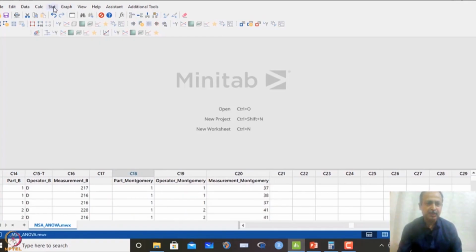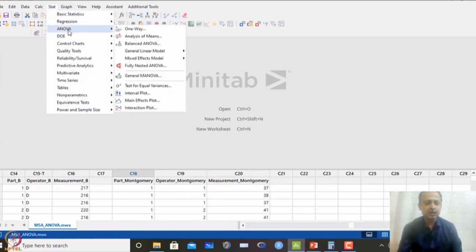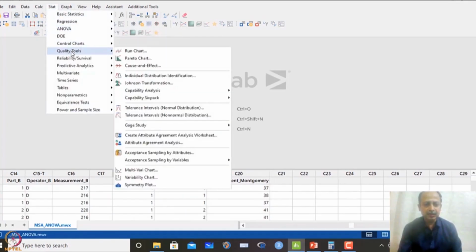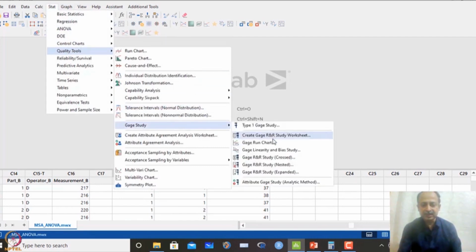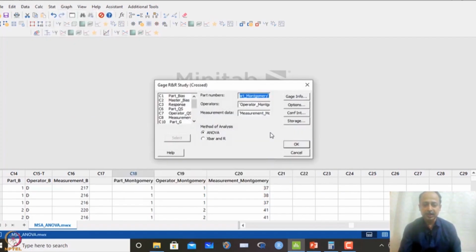Whenever you have fed the data, you have to go to quality tools, then go to gauge studies, and then take gauge R&R study crossed. You have to see that we are selecting this one, crossed studies over here. In this case, it will ask where the parts measurement is, and where the operator measurements are.